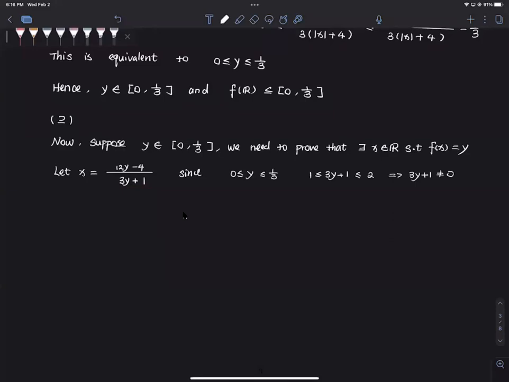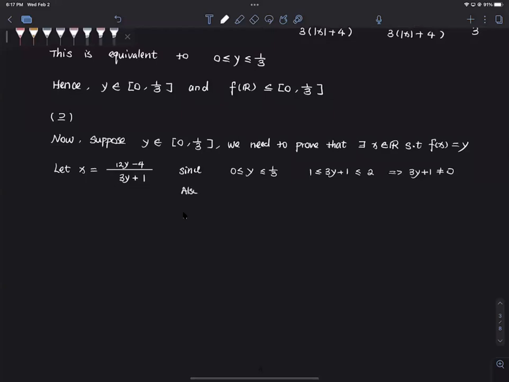Okay, so we're not dividing by 0. And also, since the real number is a field, we know that it's closed under addition, subtraction, and division, or taking multiplicative inverse. So we also can say R is a field. Okay, we know that x is definitely in R.